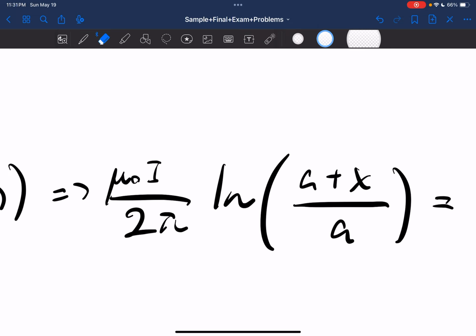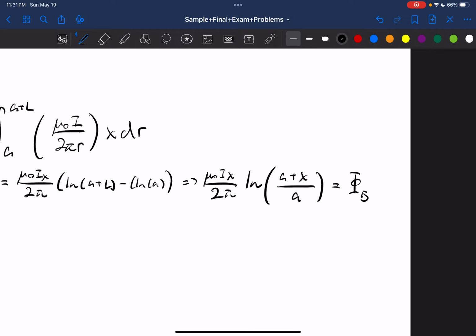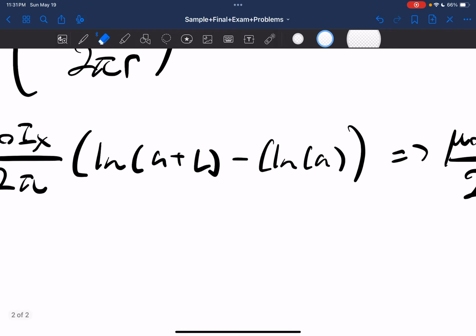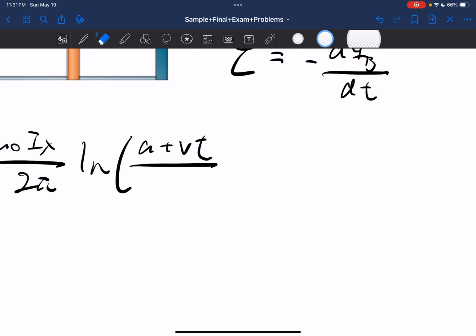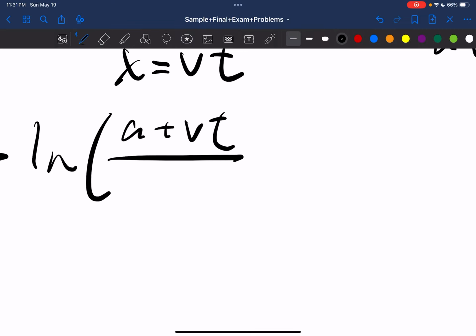Not sure why I keep writing L. It is length, but x, there we go. Sorry about that. Now, x does equal vt, so we're going to leave it as x. All right, where was I? A.